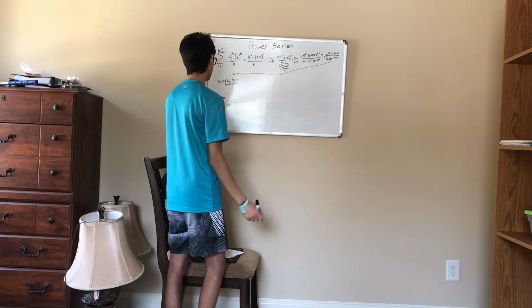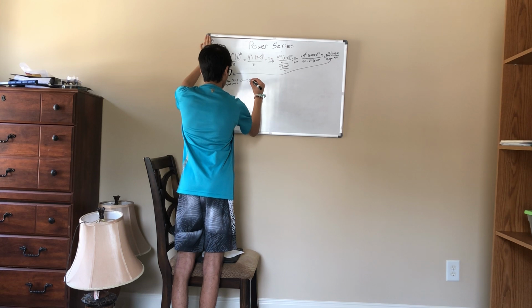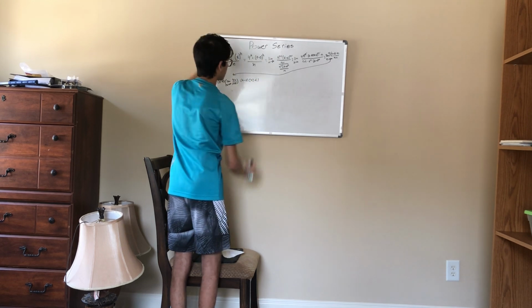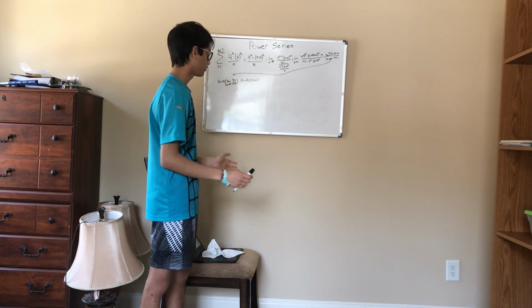This approaches 4, so now you have x minus 0 times 4 is less than 1, because that is a requirement for the ratio test for it to converge, right?